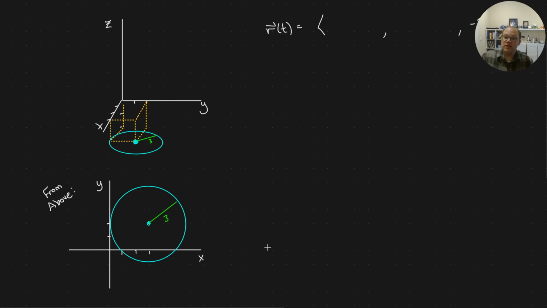Well, we know cosines and sines are great for describing circles. For a circle of radius 3, we would have x equals 3 cosine of t, and y equals 3 sine of t. We've seen that, right? Hopefully we've seen it enough times that I don't need to rederive it again.